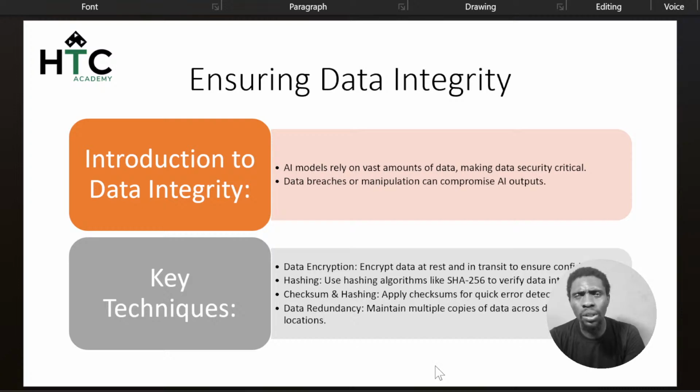The challenge with this is that the data used to train an AI is usually stored, but before it is stored, it is transferred.